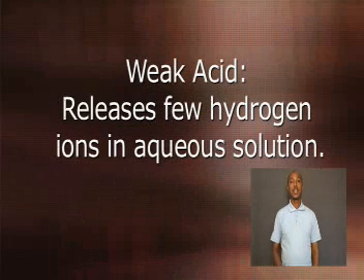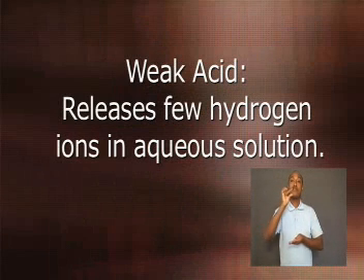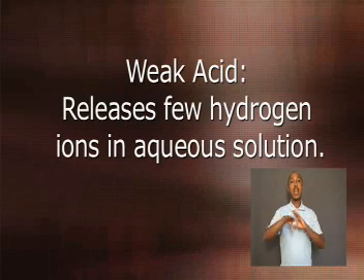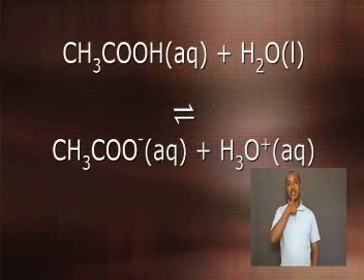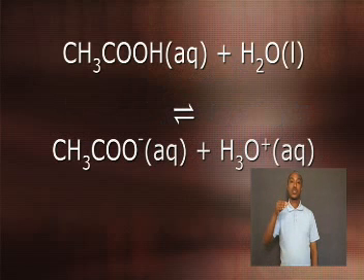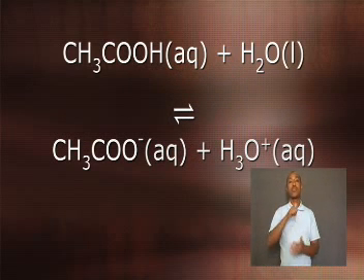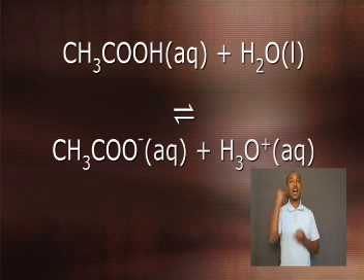An acid that releases few hydrogen ions in aqueous solution is a weak acid. The aqueous solutions of these acids contain hydronium ions, anions, and molecules of the acid that are not ionized.